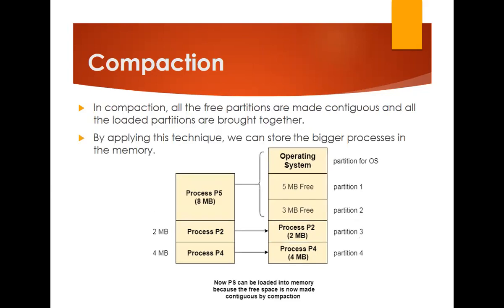So in compaction, all the free partitions are made contiguous. This is very important. So when they are free, it means that if the total size of the memory is that, and these are free now, you have to make them settle together. I mean, it will be something like that.